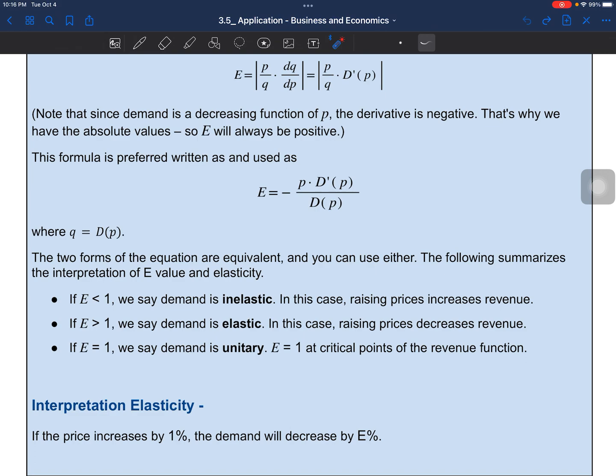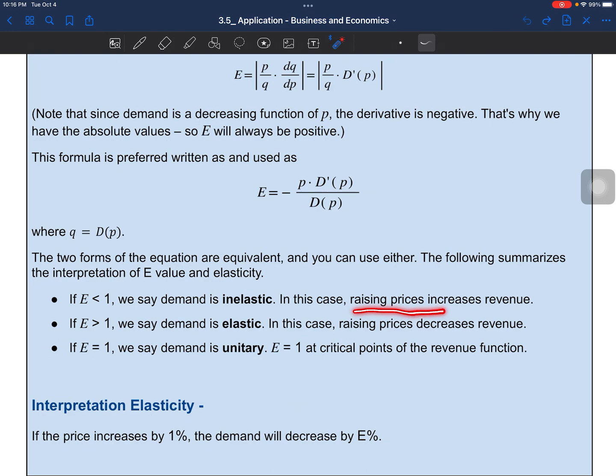So the following points summarize the interpretation of the E value. If your E value is less than 1, we say that demand is inelastic, like the example that we had earlier.